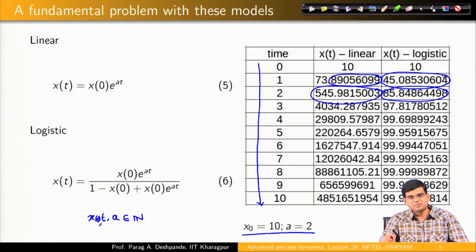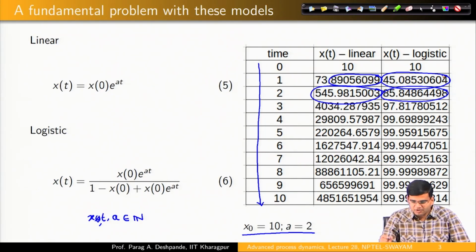So, there is a problem with these models. The problem is that even if your initial population, your growth factor, your time are all natural numbers, your population predicted by the model may not be a natural number, and that seems to be a problem.